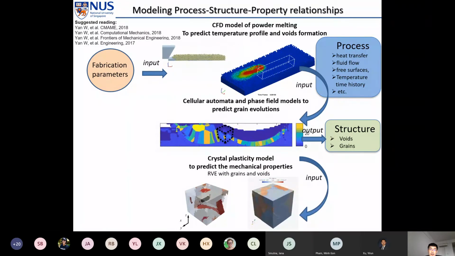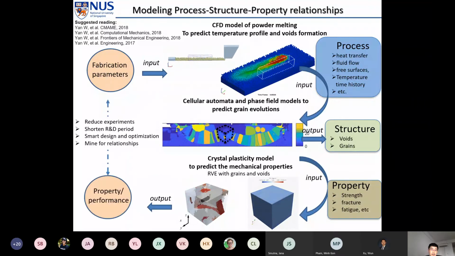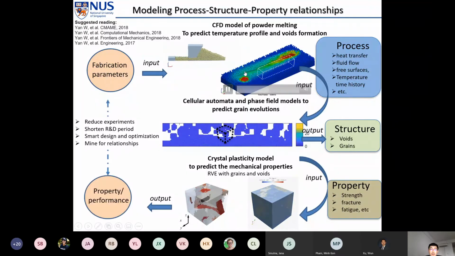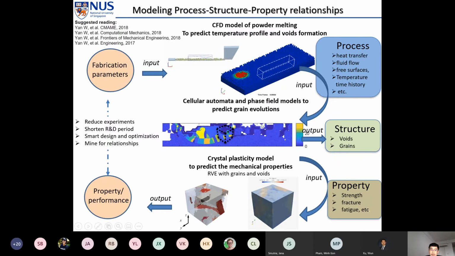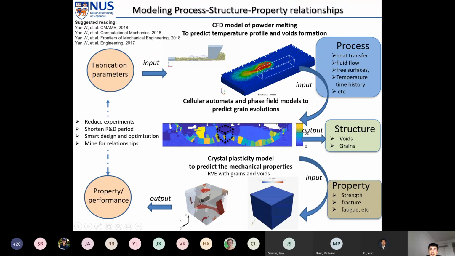Then we implement it into a crystal plasticity model to predict the mechanical property. With this, we can replace most of the trial-and-error experimental procedures. For example, this is powder spreading, powder melting, SEM, EBSD characterization, and then tension and compression tests.